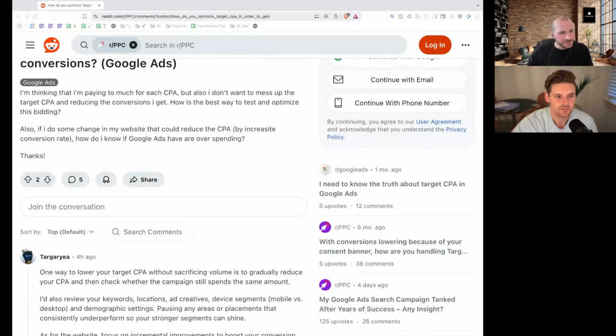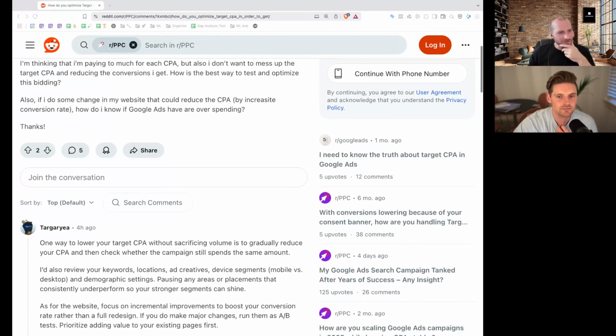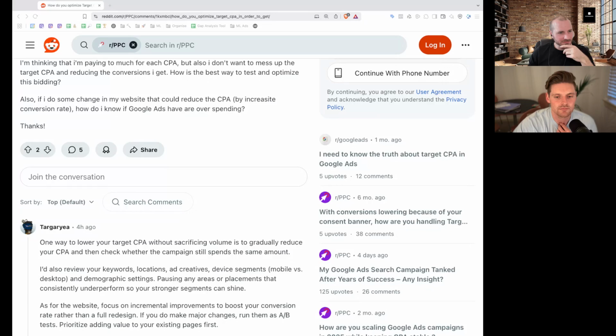So also, if I make some changes to the website that reduce the CPA, those two things aren't necessarily correlated. I understand the thinking that if I do some conversion rate optimization, I'm going to get lower cost per acquisition. Not always. Sometimes, again, the marketplace is going to change.